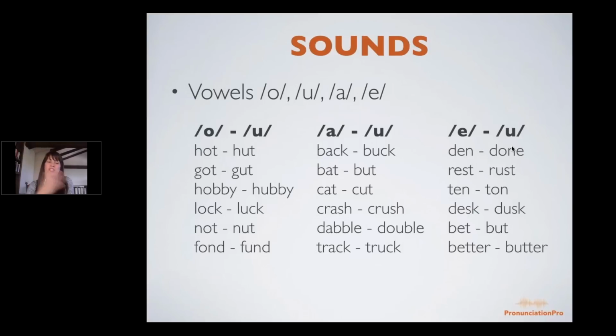Okay, so I'm going to contrast, just for everyone to hear, these two. So den, done, rest, rust, ten, ton, desk, dusk, bet, but, better, butter. All right, excellent.